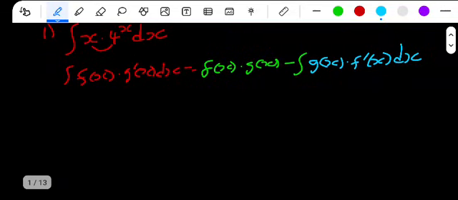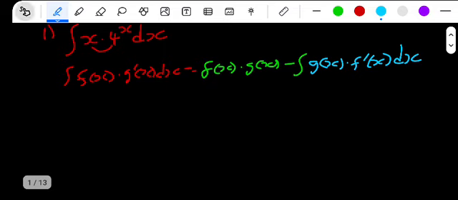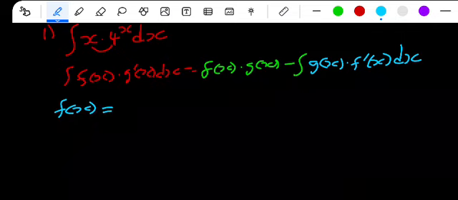I will let you check. You choose what can be differentiated easily, and choose what can be integrated. Make f of x what you can differentiate easily. It's x, we know we can differentiate x easily.